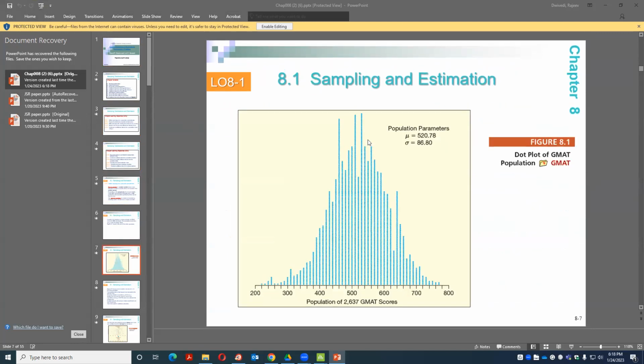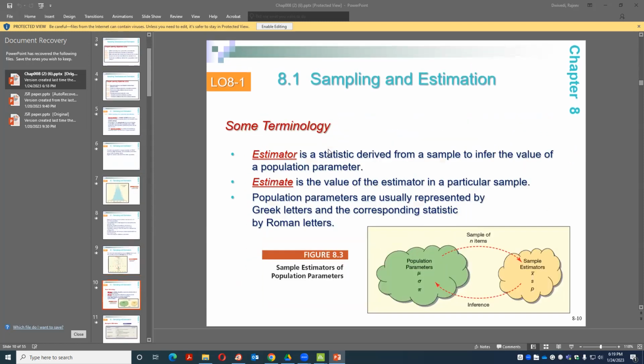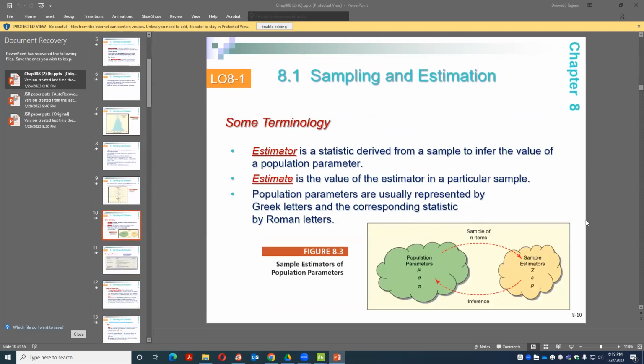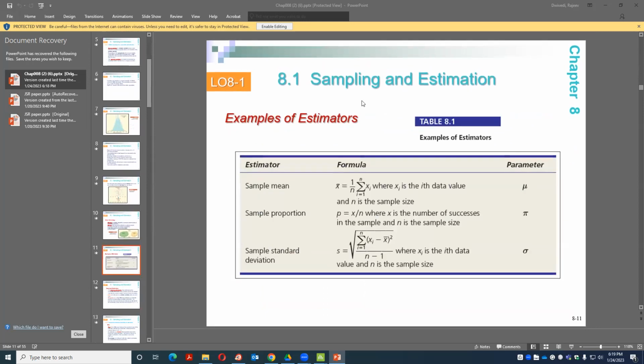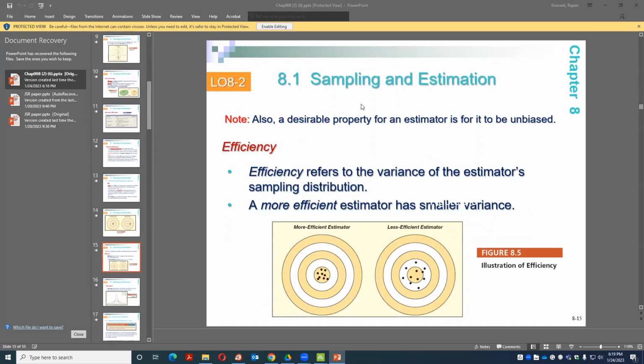As you know, if you have a large sample size, the distribution becomes a normal distribution, which you have studied in the past chapter. So what are the important parameters?